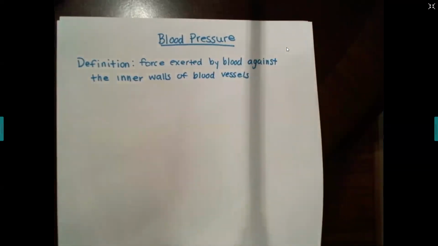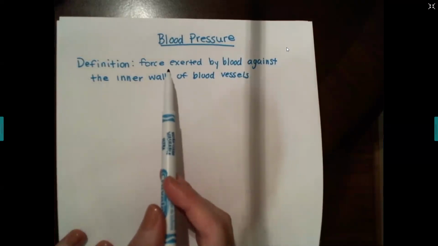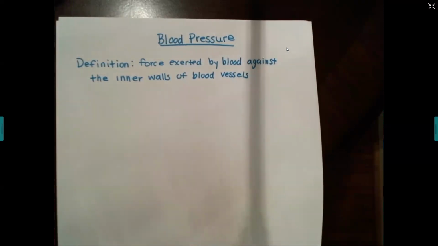It's measured in millimeters of mercury, and that measurement comes from the force that is exerted by blood against the inner surface of the blood vessel, against that endothelium, which is the wall of the blood vessel. What we refer to mostly is arterial blood pressure.